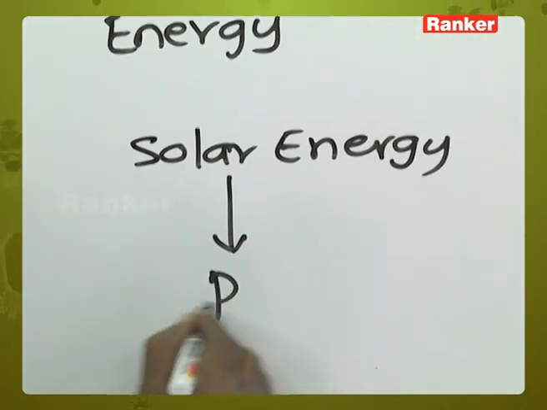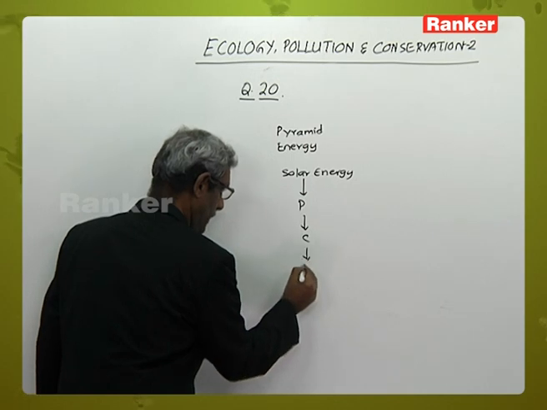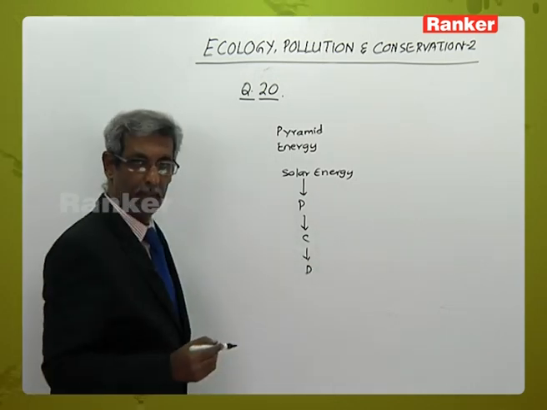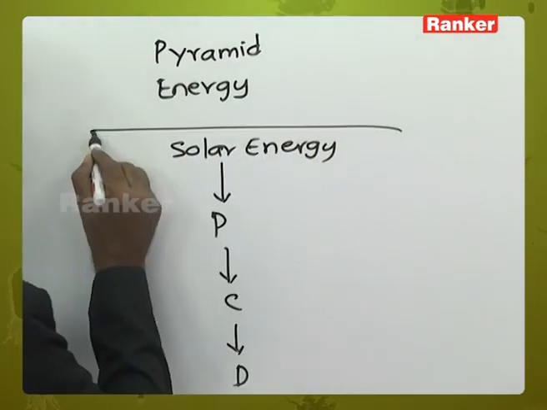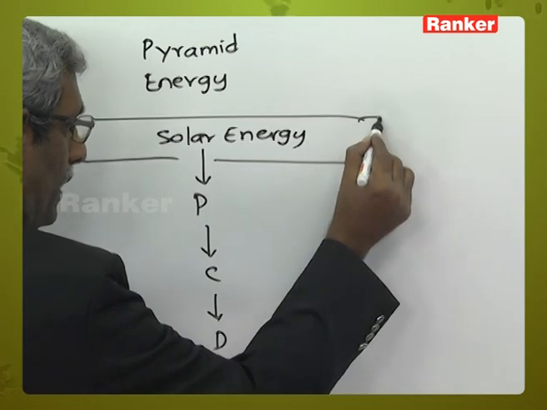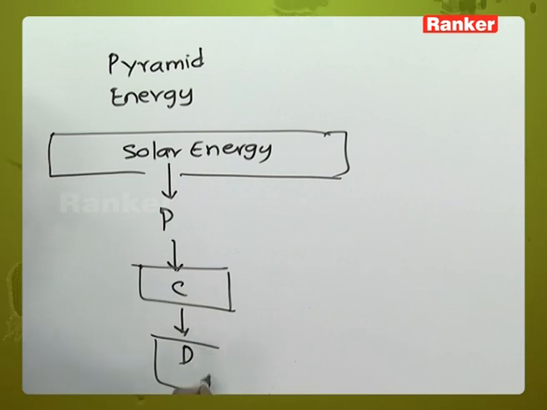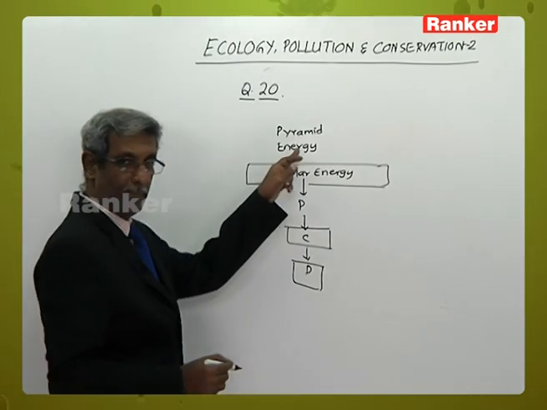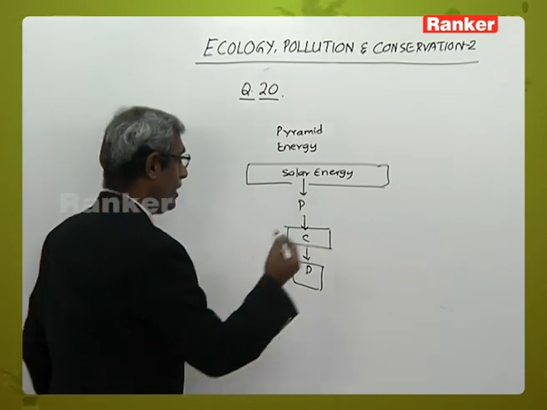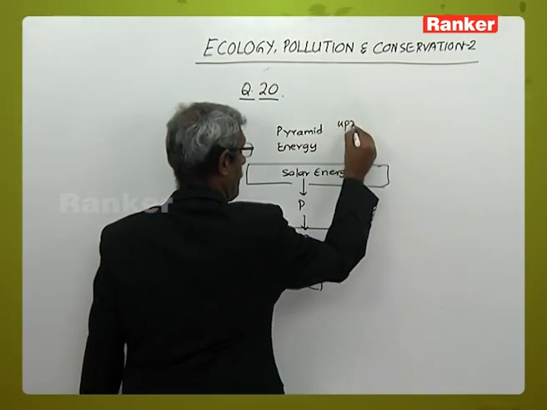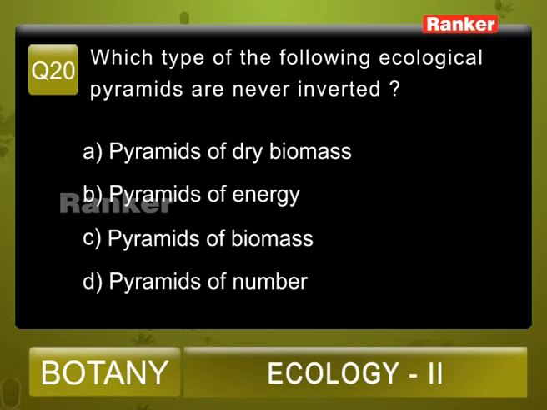It has to go to the producers, then to the consumers, then to the decomposers. When plants trap solar energy, they trap a lot of it. Then later on we have the consumers, and later on the decomposers. So this particular pyramid of energy is never inverted, but always upright. The answer is B.